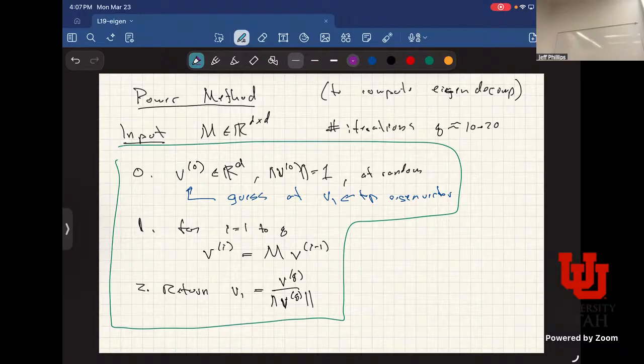All it does is multiply M by my guess of V1 over and over again, and it keeps getting a better and better guess.